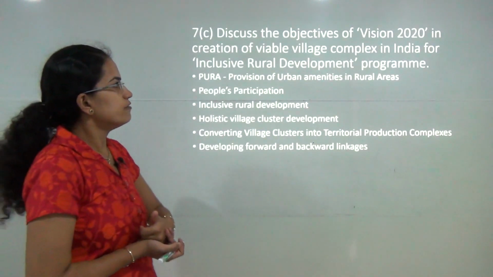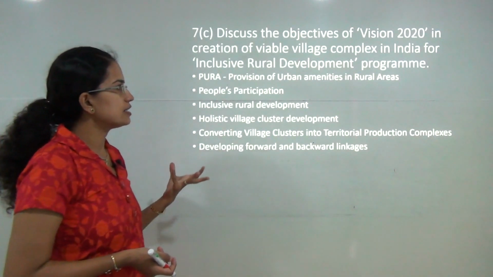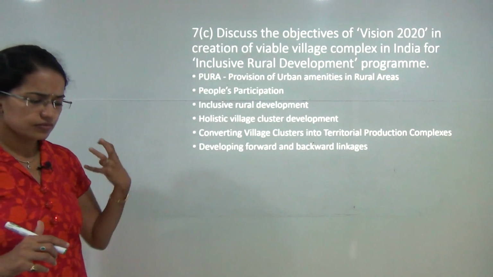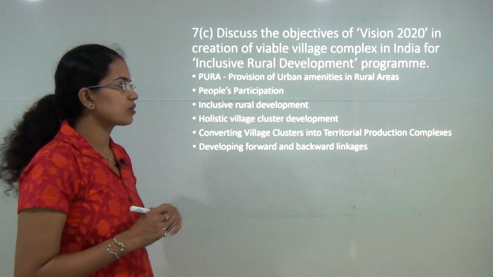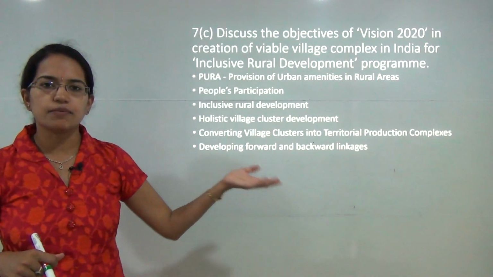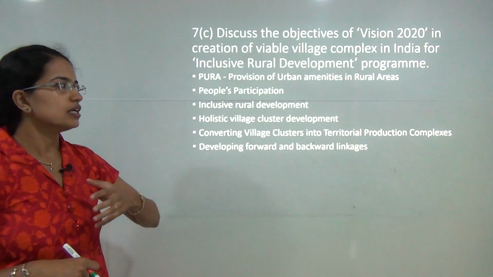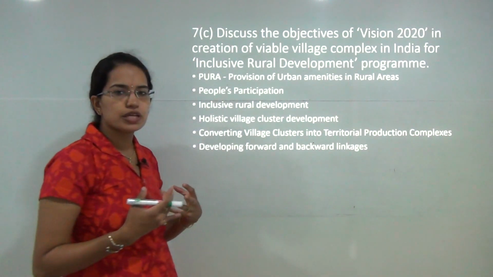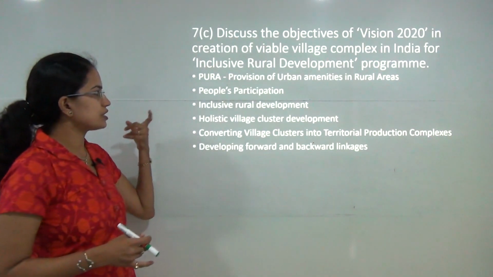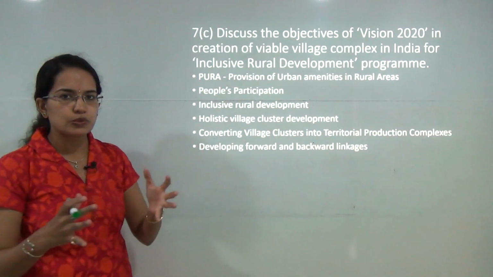The next is Vision 2020 and the development of rural areas. Vision 2020 under the Vajpayee government focused on the concept of PURA, that is, providing urban amenities to rural areas. A few key things were highlighted. First was people's participation, including in rural development.